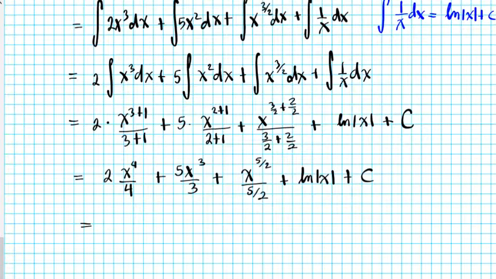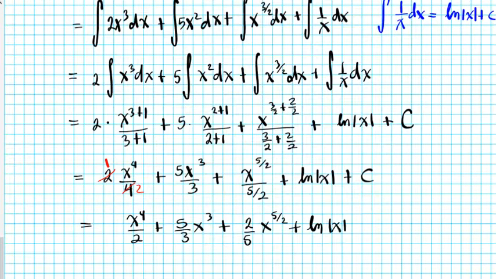You could divide here. 2 goes into 2 once, 2 goes into 4 twice. So you have x to the fourth over 2 plus 5 thirds x to the third power plus, now you can drop change flip, so you multiply by the reciprocal of 5 over 2, which is 2 over 5 x to the 5 over 2, plus the natural logarithm of the absolute value of x plus your constant c.